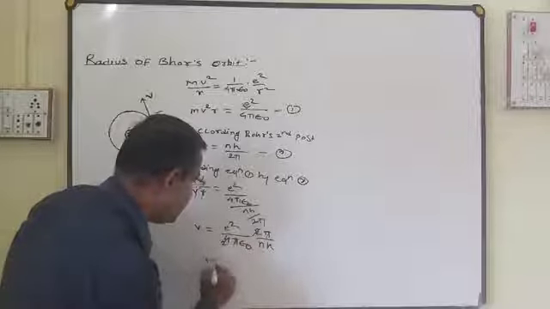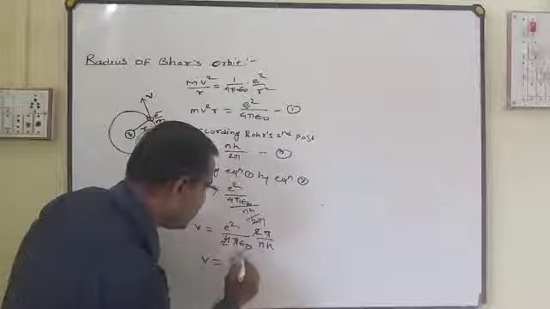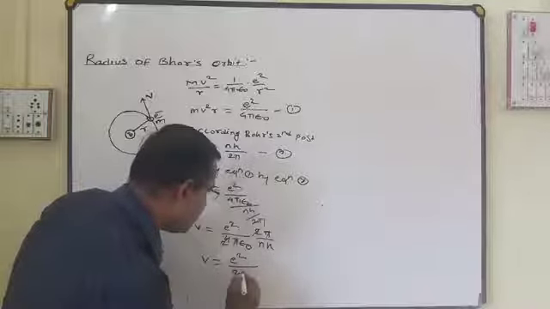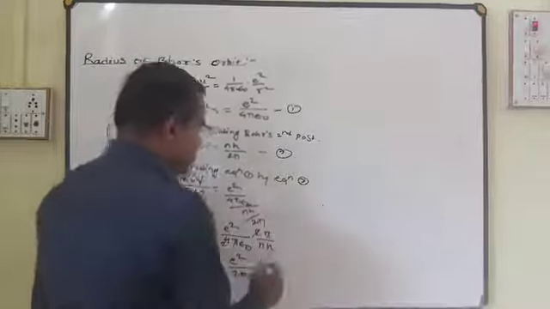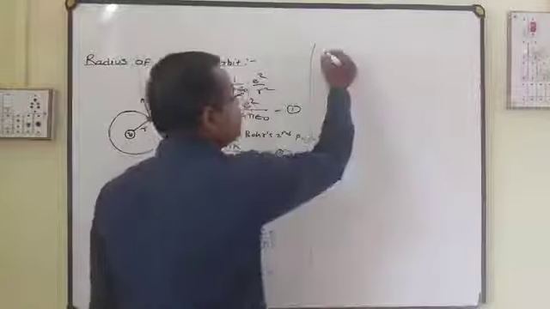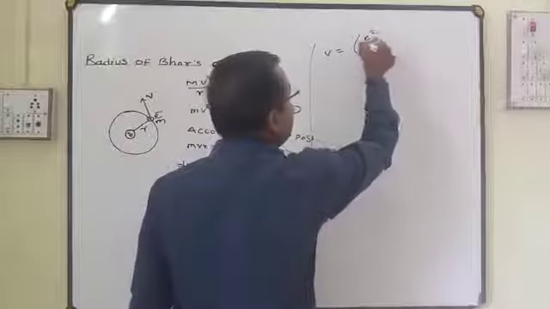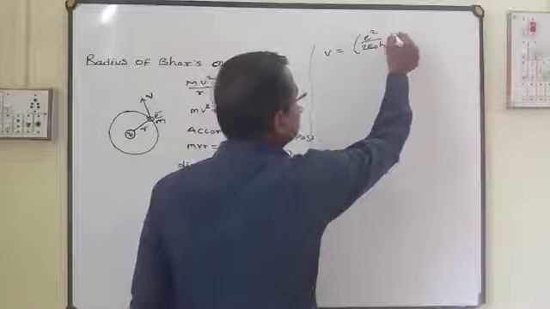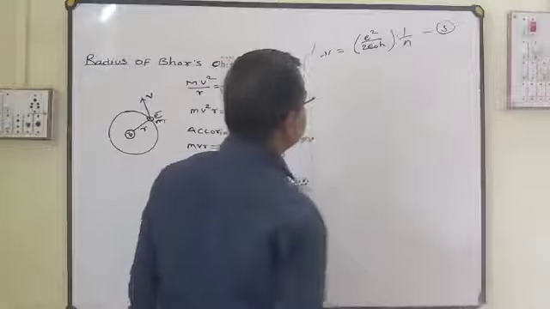What is remaining is v is equal to e square divided by 2 into epsilon naught h into n. So it is simply written as v is equal to, in brackets, e square divided by 2 epsilon naught h, into 1 upon n, called equation number 3.